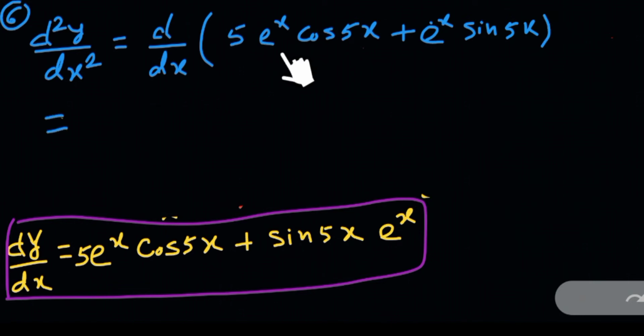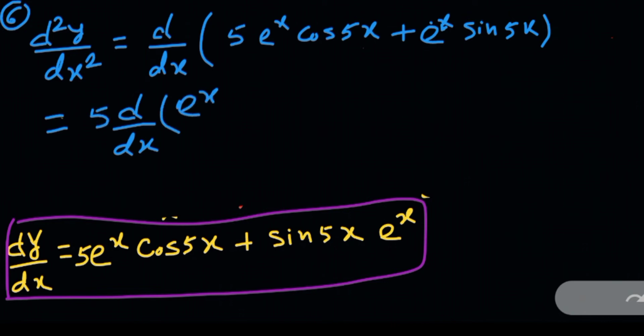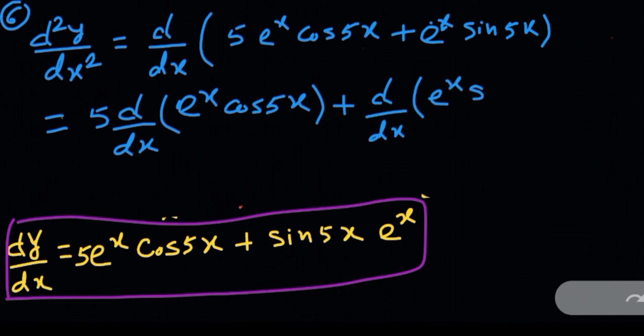First I will find the derivative of this plus the derivative of this using the algebra of derivatives. So I write d upon dx of 5, taking 5 outside because it is a constant, e to the power x cos 5x, plus the derivative of e to the power x sin 5x.